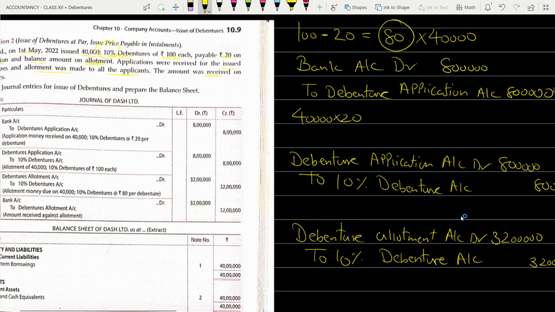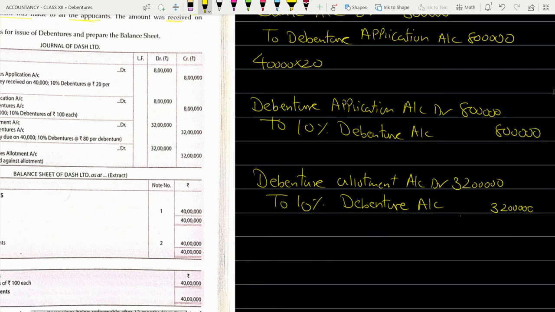No, sir. Okay. The next one is the receipt of this amount. So it is going to be bank account debited to debenture allotment account, quite simple, as in the case of shares.